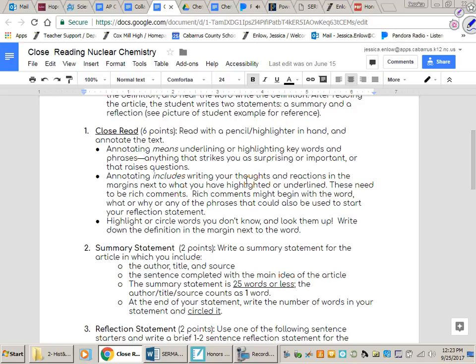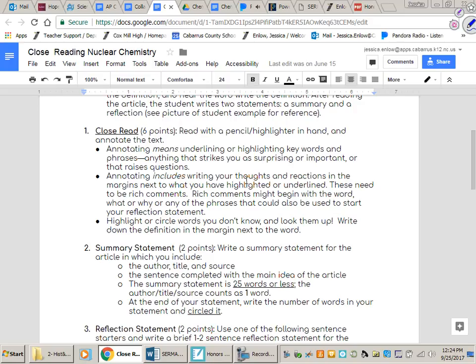Annotations can also include comments in the margins that give me some insight into what you're understanding within that paragraph or reading. If you come to a word you don't know, look it up, Google it, and add that definition in the margin. So I want a mixture of highlights and extra comments in the margin. Sticky notes are fine too, but mix it up a little. That's 6 points. I need at least 6 quality annotations to get those 6 points.